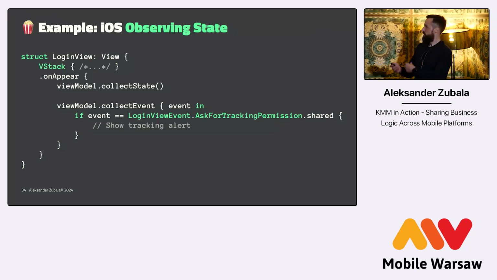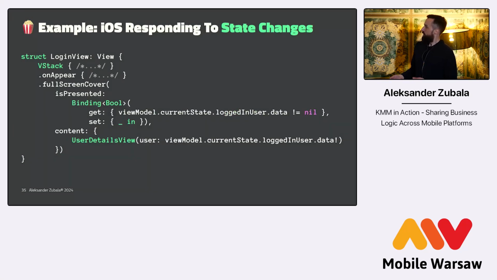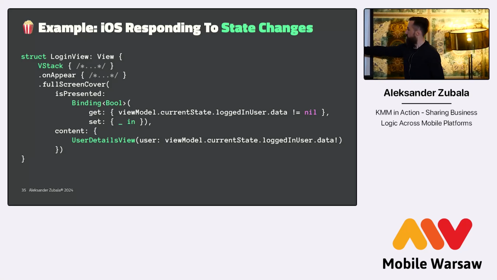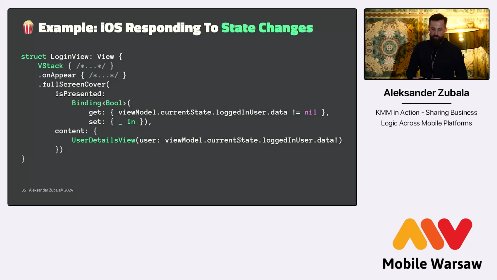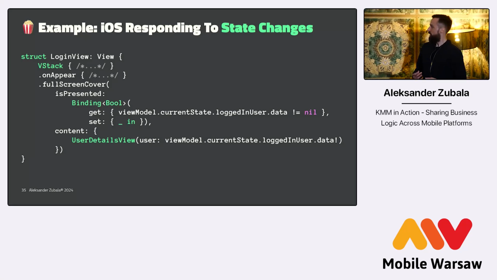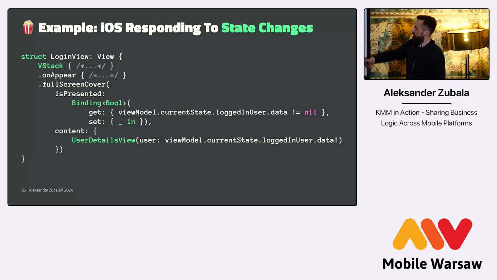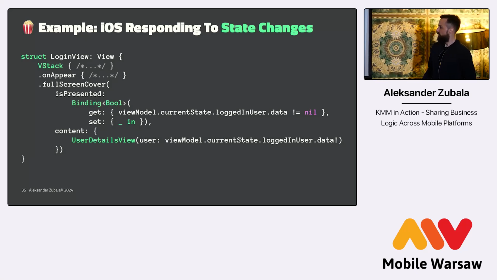So basically that's starting the subscription here. And also here is the part where we would like to show another screen. In this case, the user details view based on the logged in user partial state. So whenever we actually got the user from the API, we reduce the state so it now contains the user, and then based on that we can present the user details view.